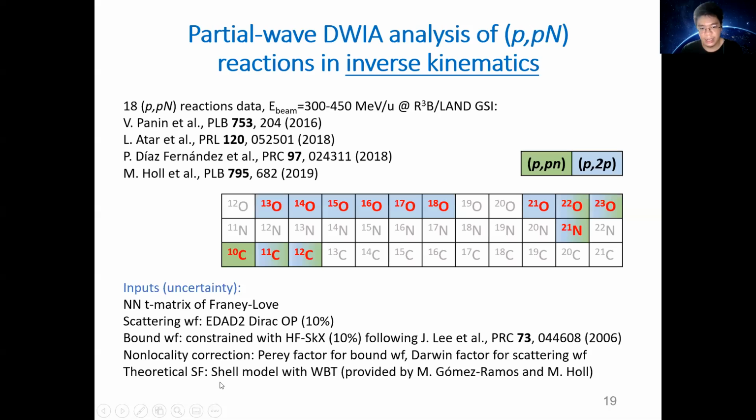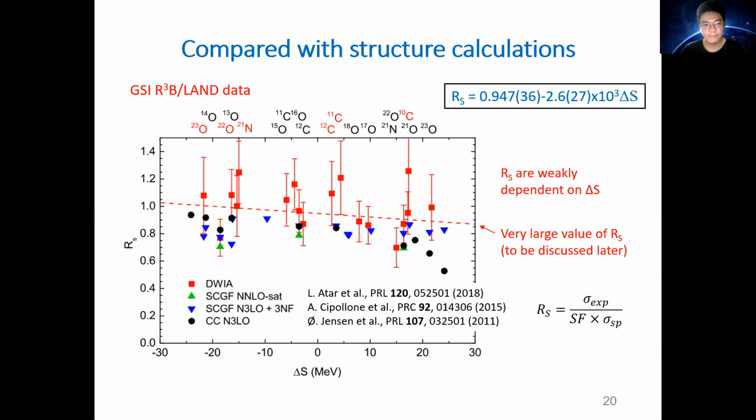We use the ones calculated by standard configuration shell models with WBT interactions, and these were provided to me by Mario and Matthias. Essentially, our work, the one by Mario and Antonio, and also the one by Matthias Holl, are literally using the same spectroscopic factors for these data.